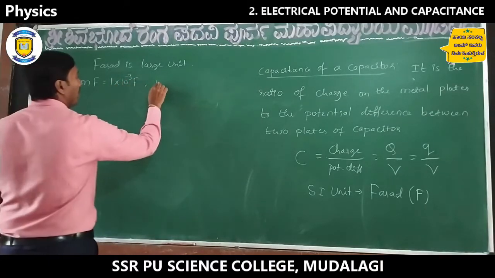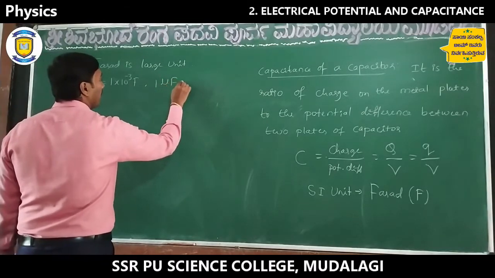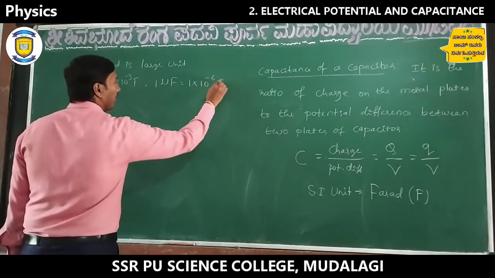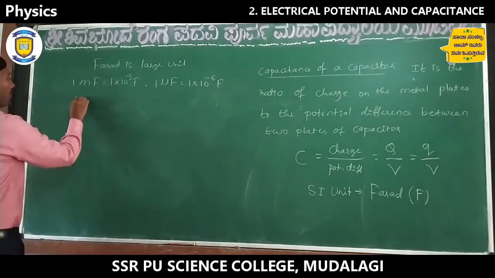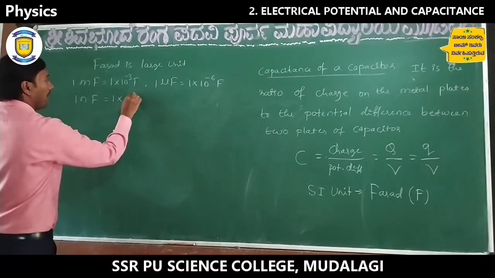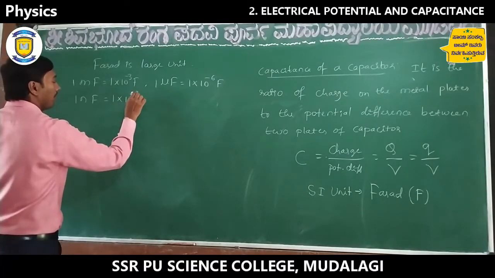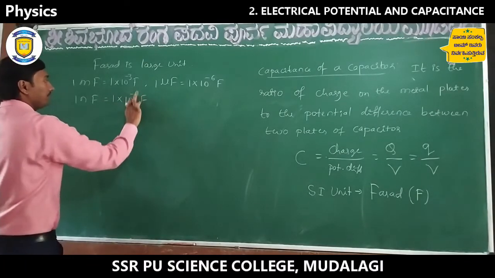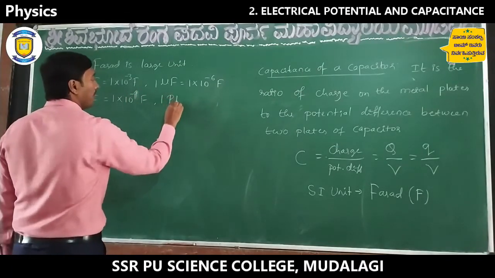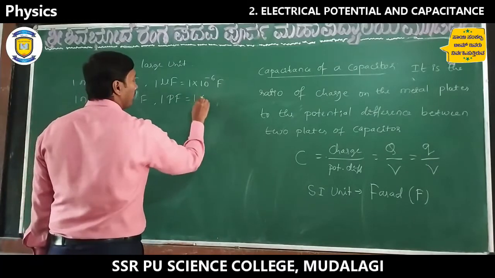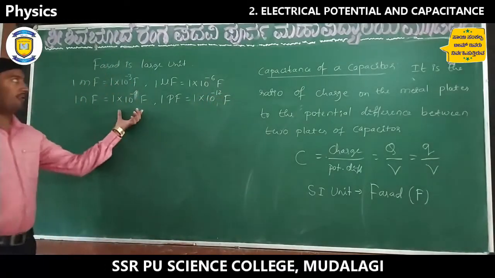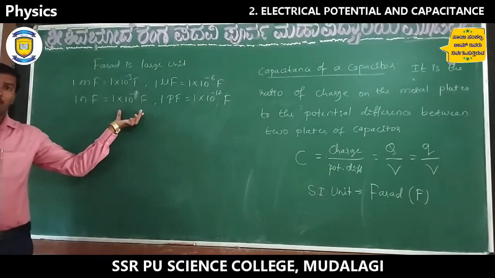Right. 1 microfarad is 1 into 10⁻⁶ farad. 1 nanofarad means 1 into 10⁻⁹ farad. Again, 1 picofarad is 1 into 10⁻¹² farad. These are the smallest units of the farad for capacitance.